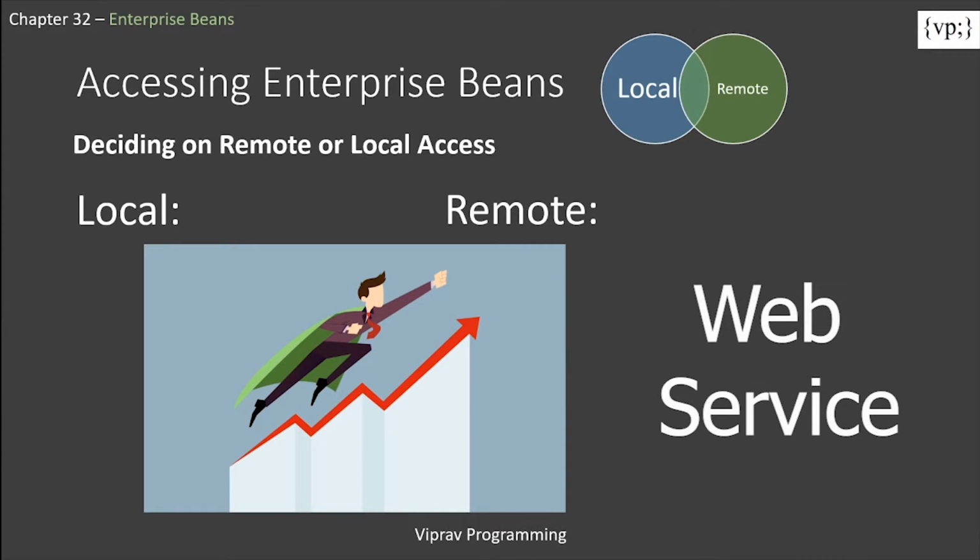Finally, there is the web service, which accesses a Java application in a different way from local and remote access. It's like the difference between going into the Spotify application on your computer and going to the Spotify website on your computer.